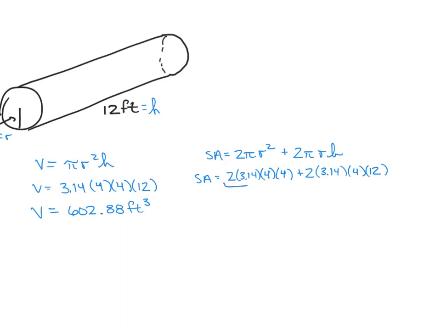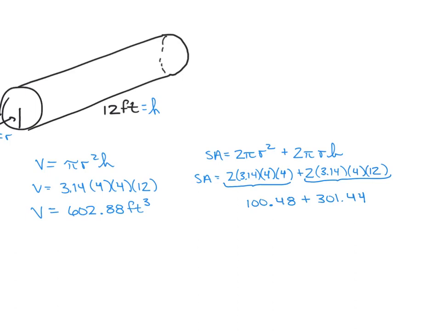If we multiply the first one, 2 times 3.14 times 4 times 4, I get 100.48, plus, if we multiply the second one, I get 301.44.